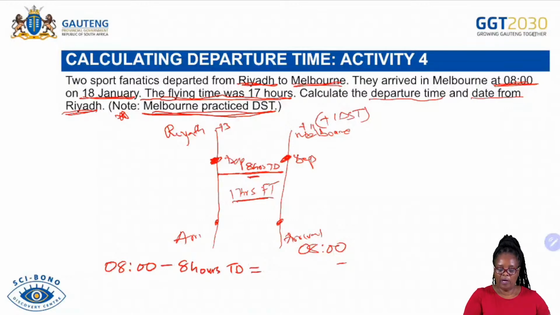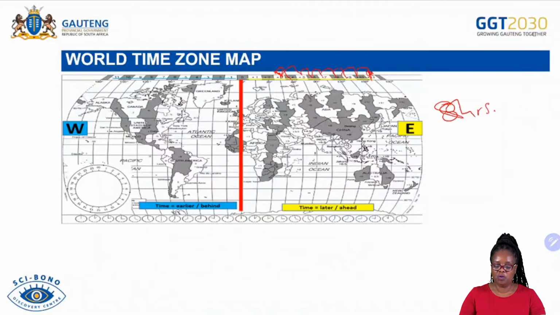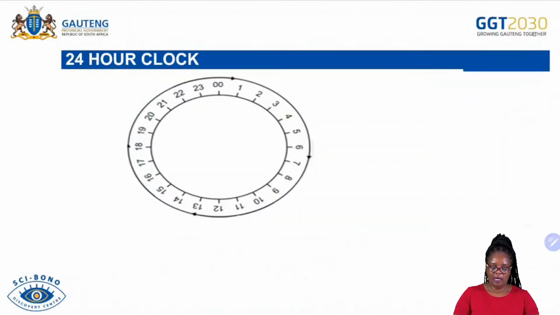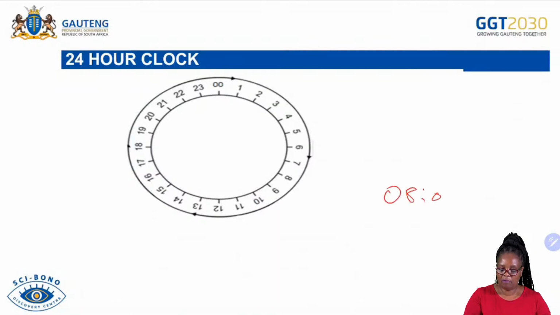So we are not going to say 8 minus 8. No. Golden rule, you go back to your 24-hour clock, and you do your calculation. For us not to forget, we just state it here: 0800 minus 8 hours time difference.